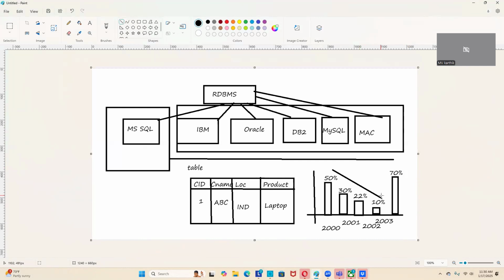Because due to this database trends, business analyzed their problems, and they took some decisions in the 2004 year, and they landed into profit. Okay, so that way business will take their decisions, and they can check their business downfalls and ups and downfalls. Okay, and they will take the necessary actions accordingly for that.